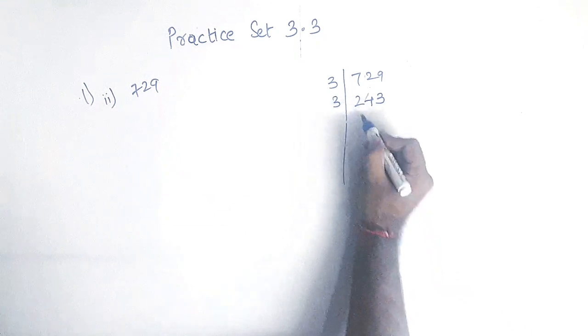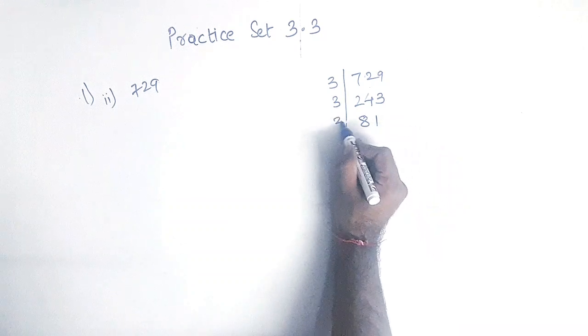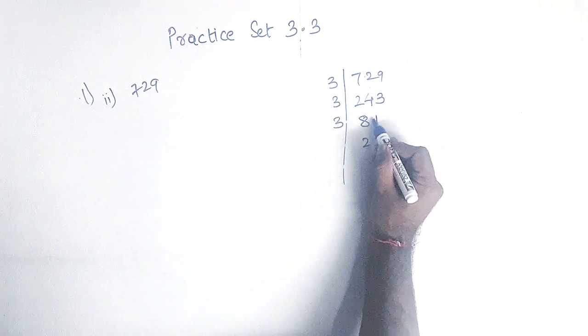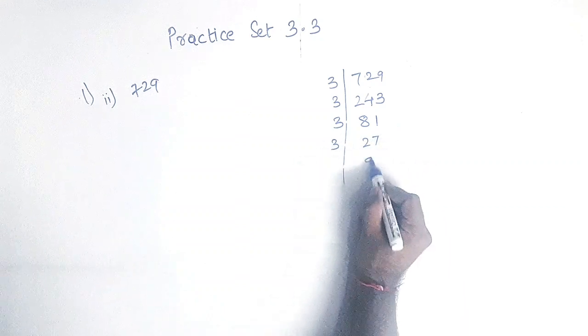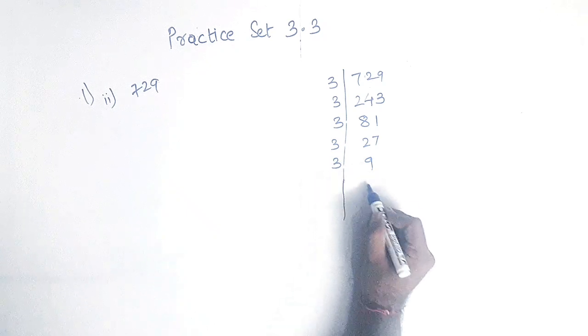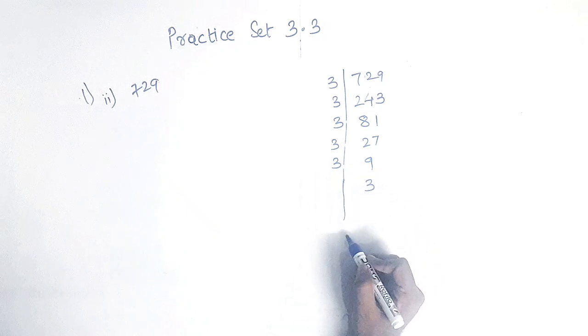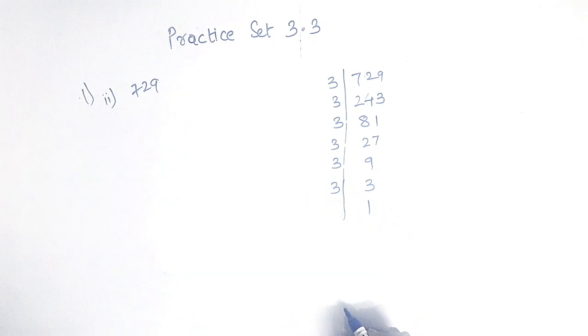So 3 eights are 24, 3 ones are 3. Again 3 twos are 6, 2 remains, 3 sevens are 21. 27 is divisible by 3, 3 nines is 27. So 3 threes is 9, 3 ones is 3.